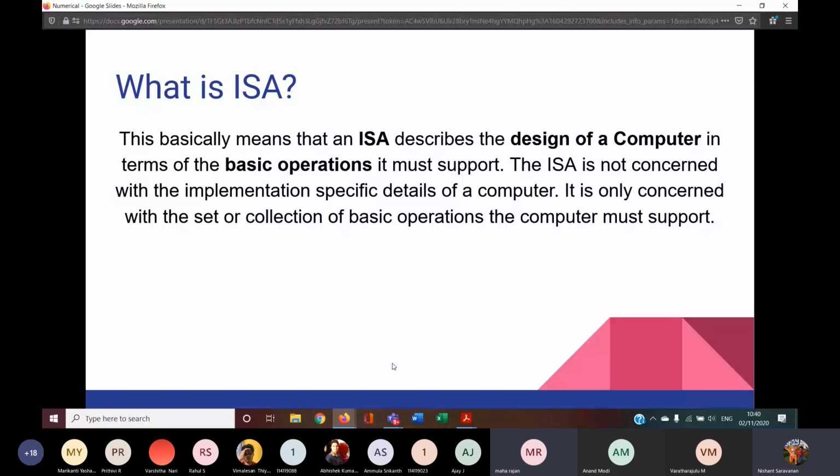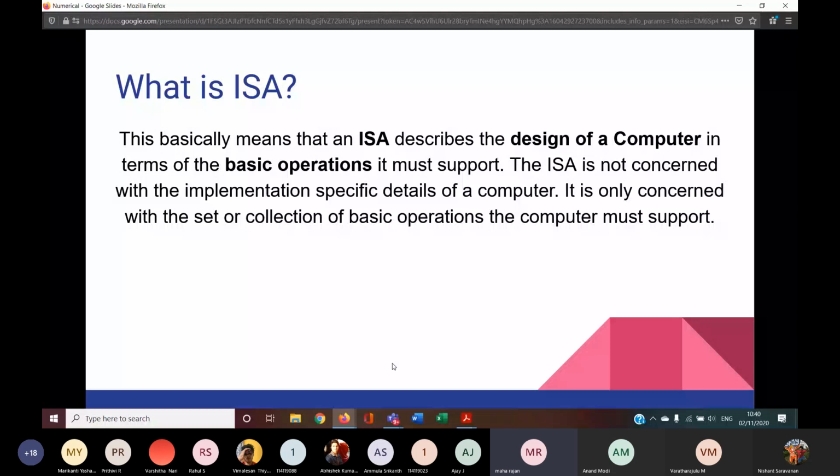Instruction set architecture describes the design of a computer in terms of the basic operations it must support. The ISA is not concerned with the implementation-specific details of a computer. It is only concerned with the set of basic operations that a computer must support.